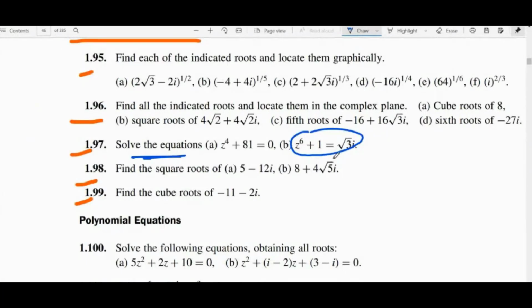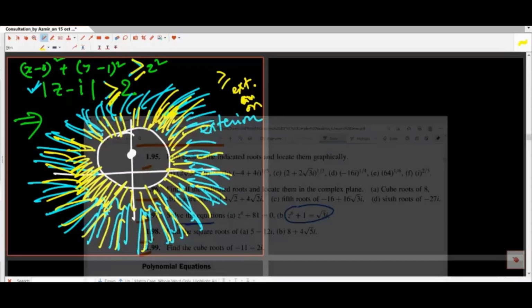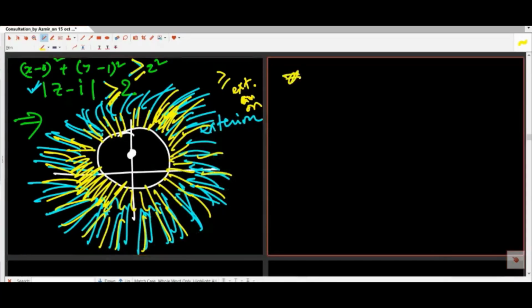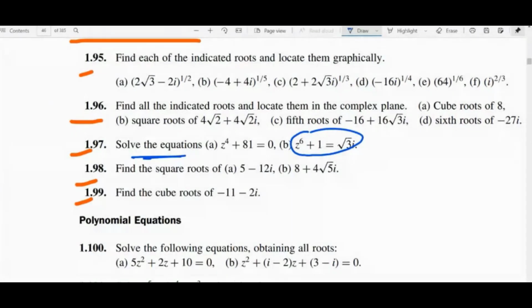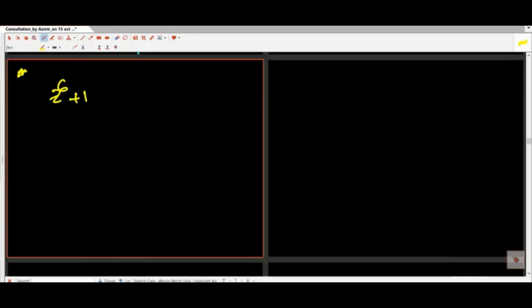We have z power 6 plus 1 equals root over 3i. So here the question is to solve the following problem.